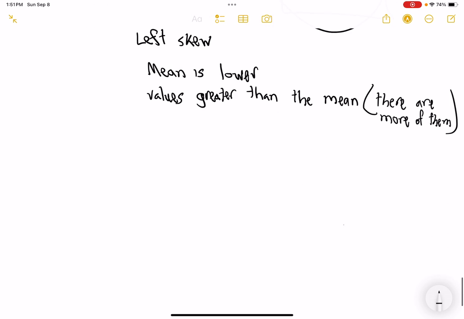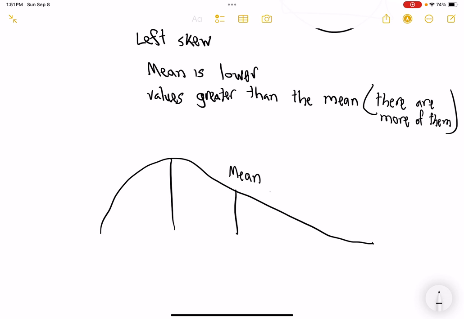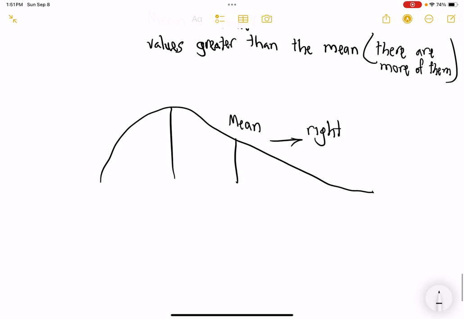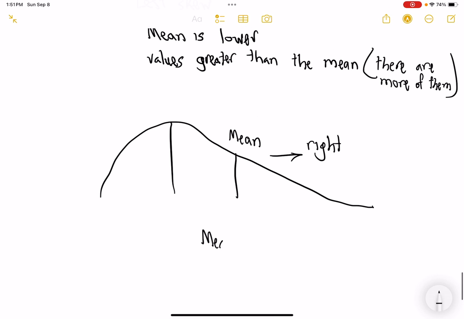And remember also then that the opposite must be the case. And this is super important. There will definitely be a question where you are asked to interpret something like this. The median would be here, the mean would be here, getting pulled to the right in this right skew graph. And as that is the case, the mean is higher.